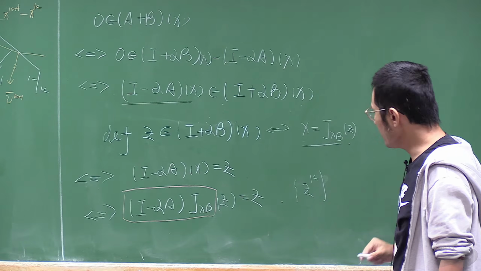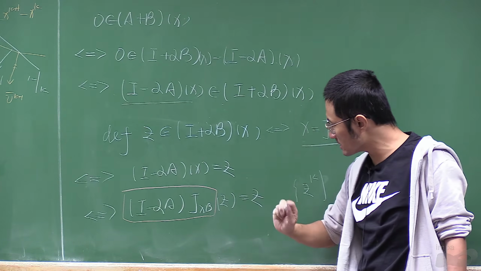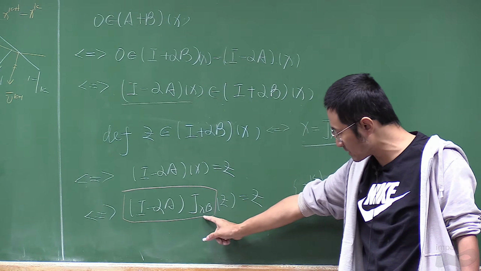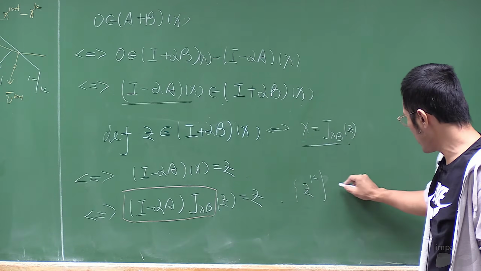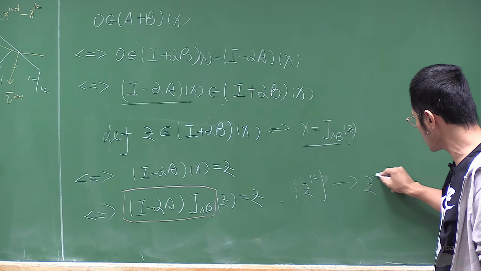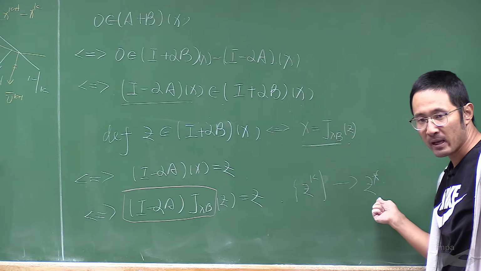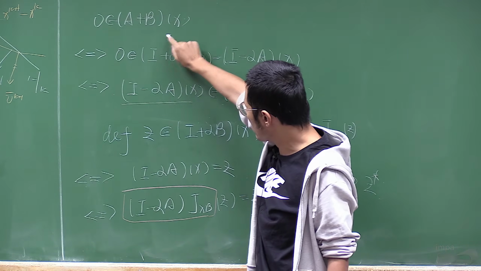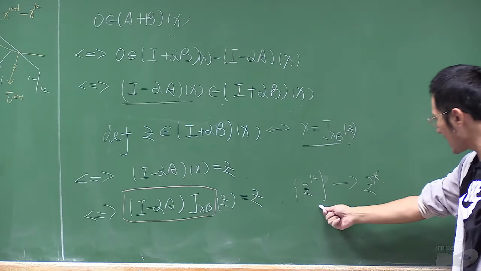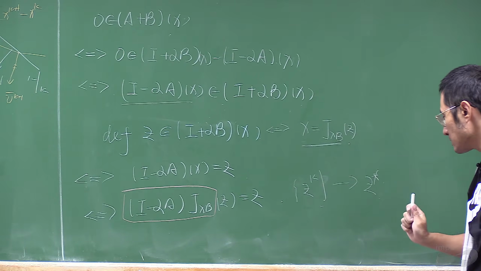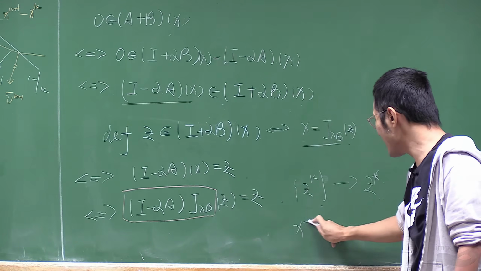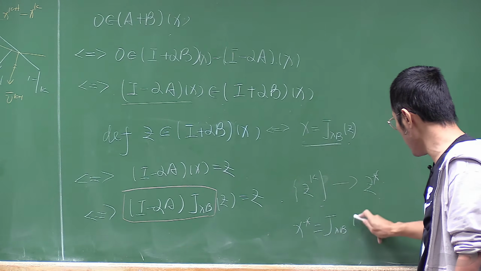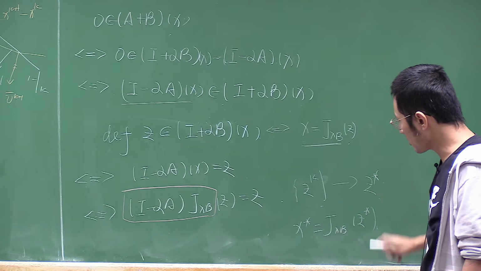If we use the fixed point iteration with respect to this operator, then we may have zk converge to z star. But z star is not a solution of the original inclusion problem. So if zk converges to z star, what is the solution? The solution should be x star equals the resolvent of B at z star, okay?